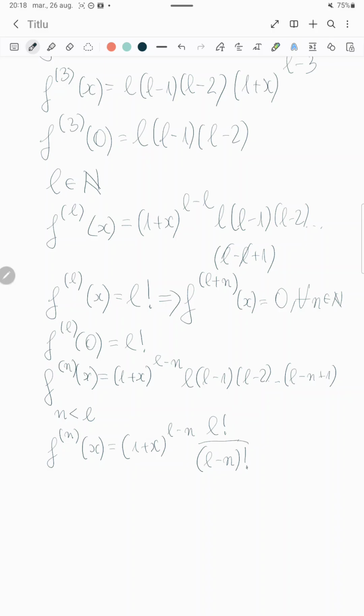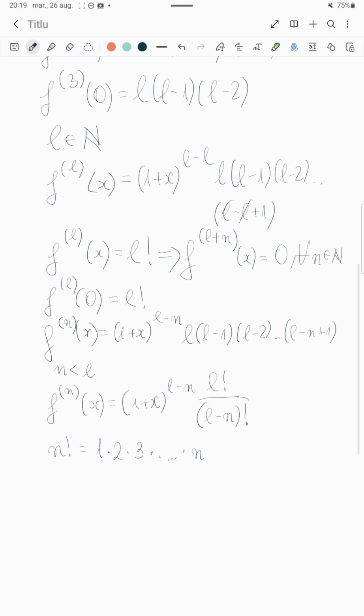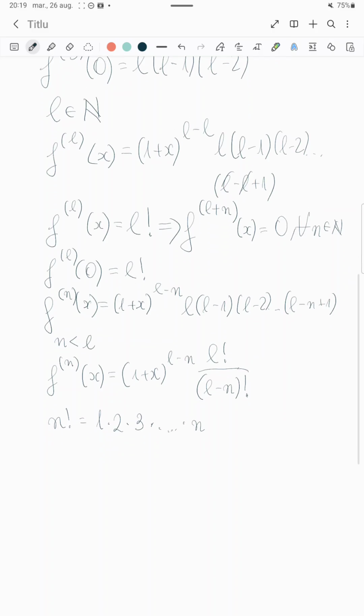Okay, just a reminder that n factorial means 1 times 2 times 3 times dot dot dot times n. And this is only defined for the natural numbers. For other numbers, we'll have another function, which I'm going to present to you immediately.